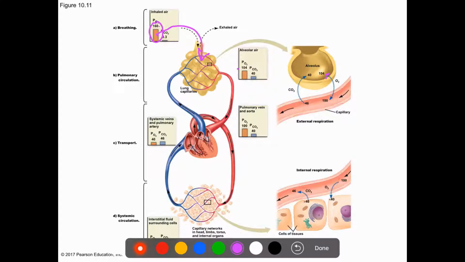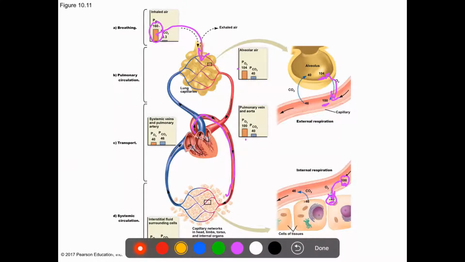Within the alveolus it is 104, in the blood capillary it is 100, so oxygen will diffuse into the blood capillary. It will remain 100 through the systemic circuit, all the way to the tissue. In the tissue, the blood capillary is 100, in the cells it is around or less than 40. So oxygen will diffuse toward the cells, again from an area of high concentration to an area of low concentration.